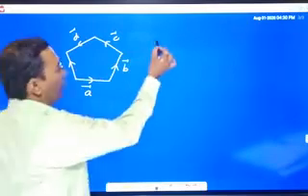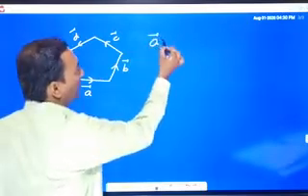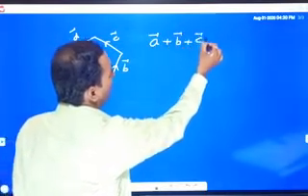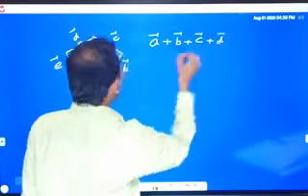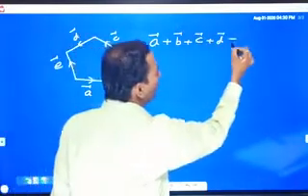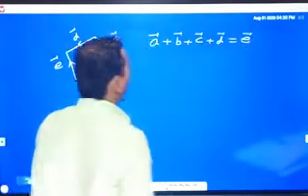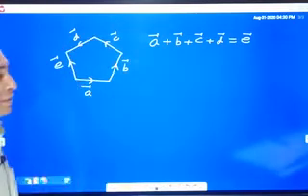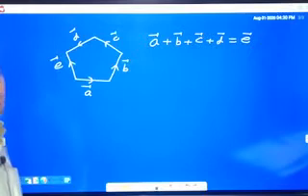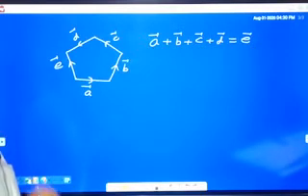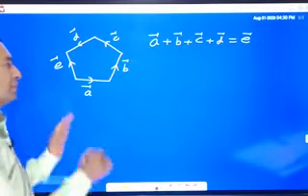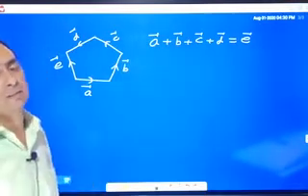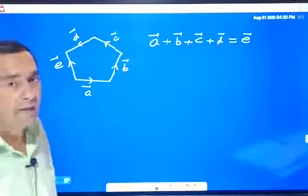From this diagram it is clear that A vector plus B vector plus C vector plus D vector equals E vector.